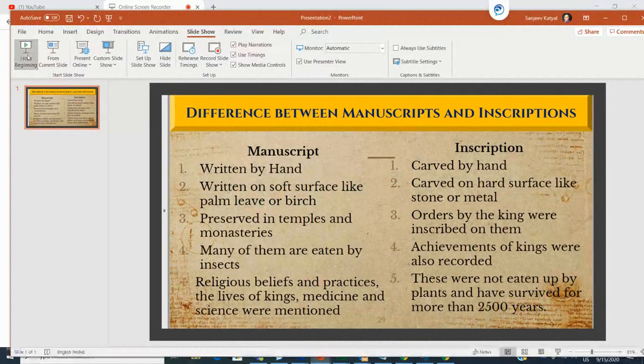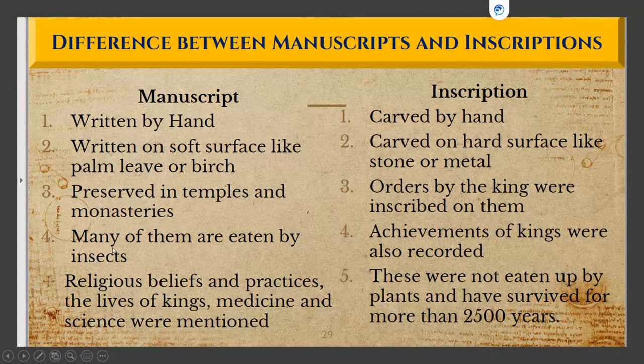So the first and basic difference is that manuscripts are written by hand. People wrote manuscripts by hand, without using any tools. But inscriptions are carved.